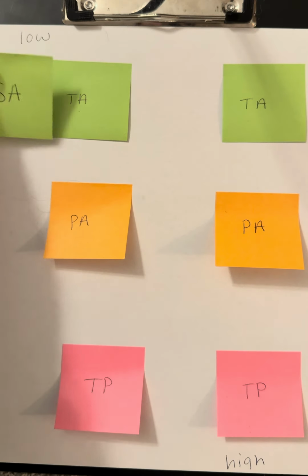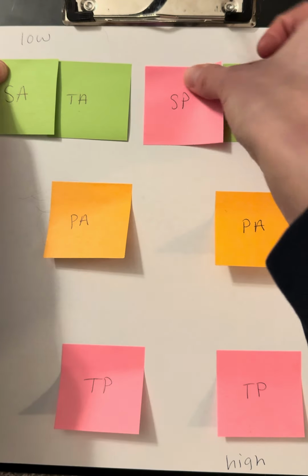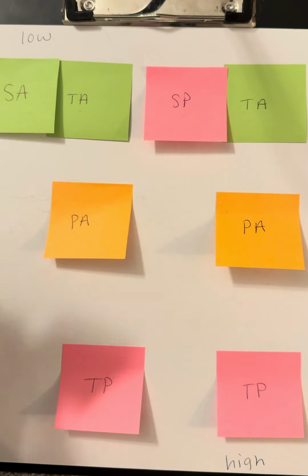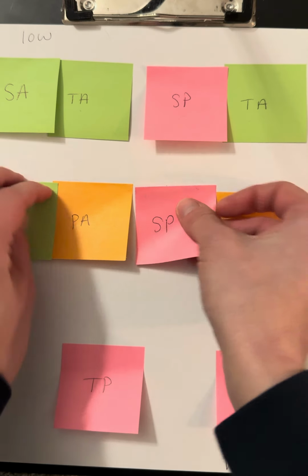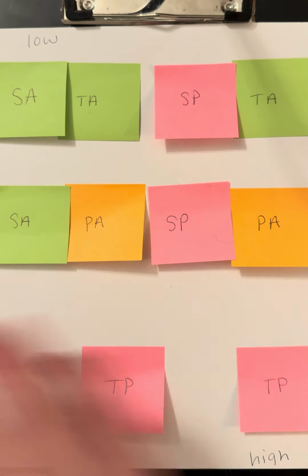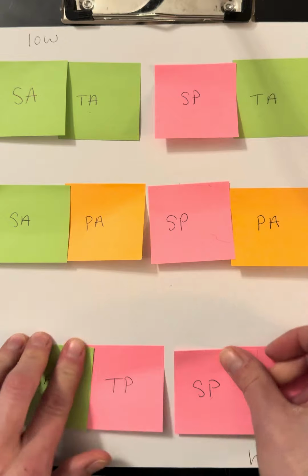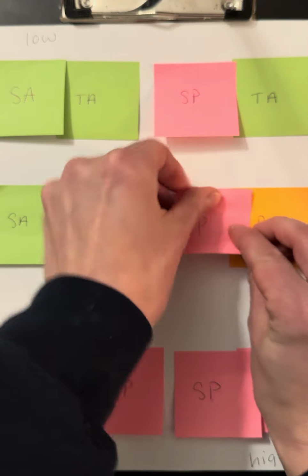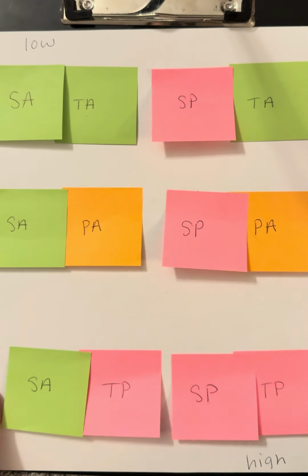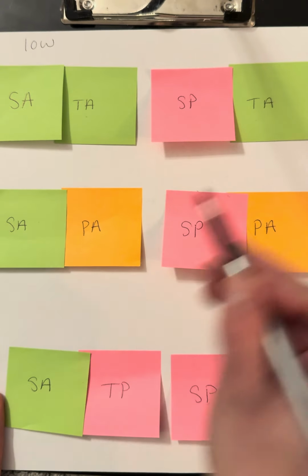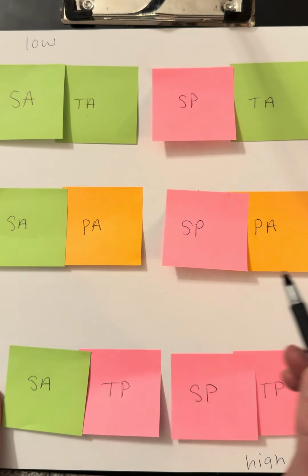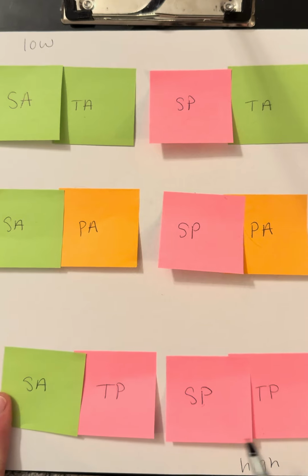Spatial average is always going to be lower than spatial peak. Spatial average, always lower than spatial peak. Move this over so you can see that that's a combo there. So it would go SATA, SPTA, SAPA, SPPA, SATP, SPTP.